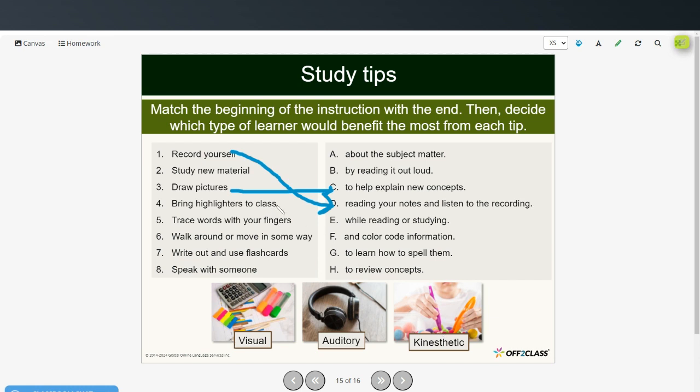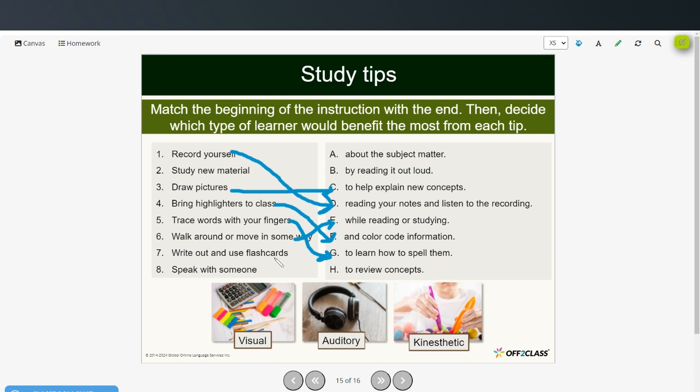Bring highlighters to class and color code the information. That's visual. Trace words with your fingers to learn how to spell them. That would be kinesthetic. Walk around or move in some way while reading and studying. That's also kinesthetic.